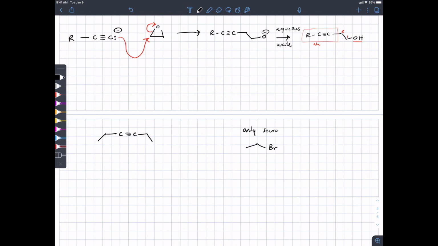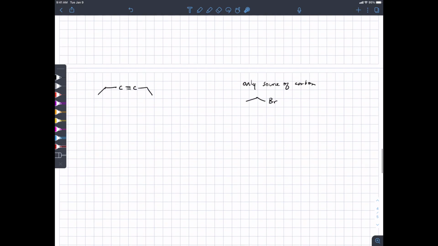Only source of carbon. It's fine to use any other reagents, but each of the 6 carbons in this product must come from this source. So if my source only has 2 carbons, but my product has 6, I know I'm going to need to make some carbon-carbon bonds to stitch a couple of those together, right? So how would I do that?